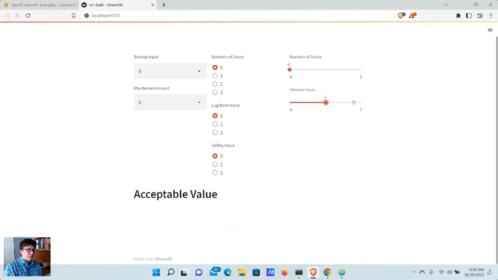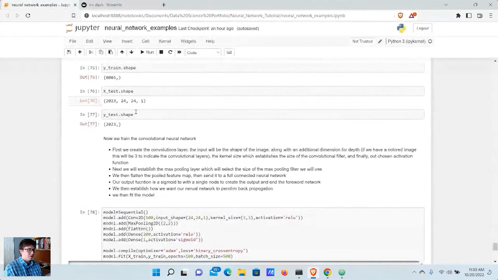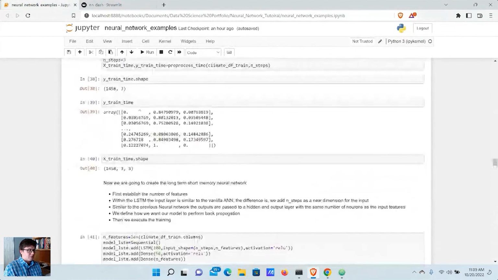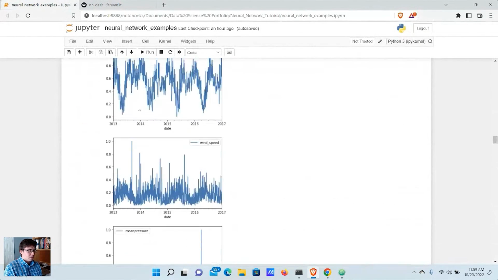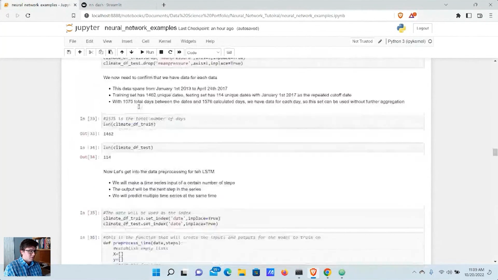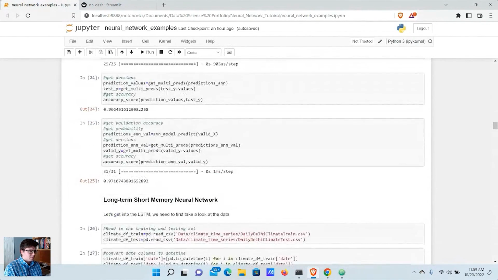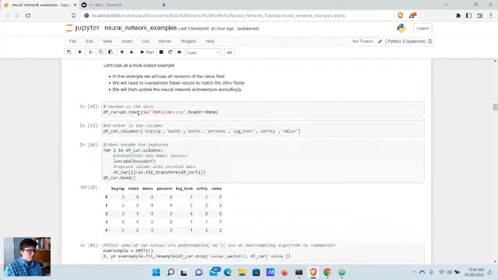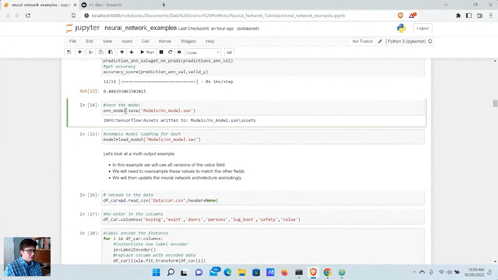I had this dashboard that we can use to further execute this neural network. This is based on the CIFAR dataset for deep learning. Basically, you can use this model.save and model.load right under here.